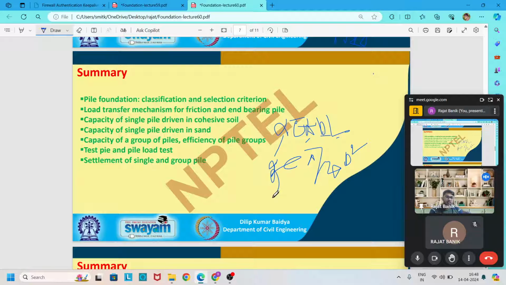So by these two formulas, we easily find out the load transfer mechanism for friction and bearing piles in cohesive soil. Then we also studied the capacity of a single pile driven in sand.